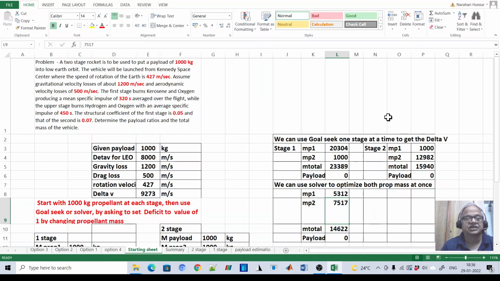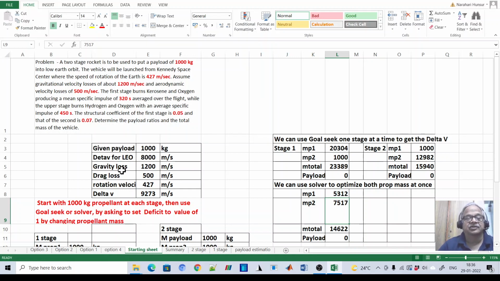Okay, so this is the problem. If I have to launch a 1000 kg satellite into a low Earth orbit, let's find out what is the velocity needed to put it into that orbit. The first point we need to look at is the delta V for low Earth orbit, which is about 8 kilometers per second or 8000 meters per second.